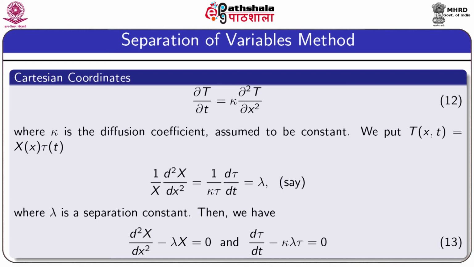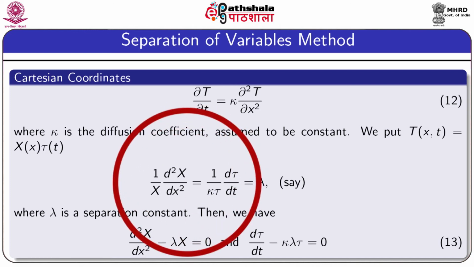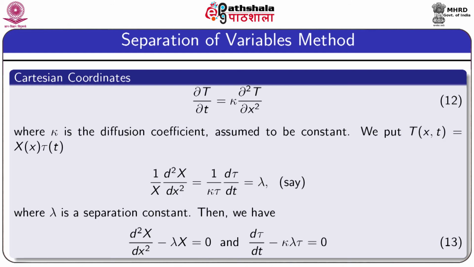Substituting the expression for capital T in equation 13, we obtain 1 by X d2X dx square equals 1 by kappa tau d tau dt. In this way, we are separating the variables x and t.